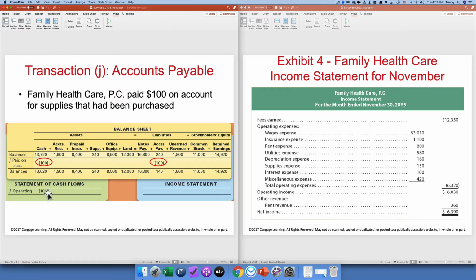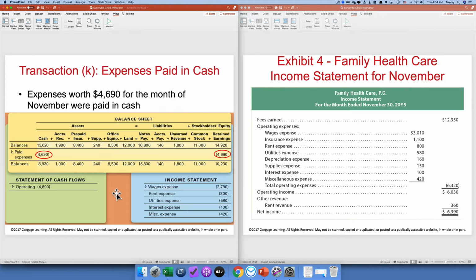Now, we paid part of our bills. We reduced our accounts payable by $100 because we paid our bill, but that is not an operating expense either. That's just a negative cash flow associated with running the business. But we did pay all of these expenses in cash. So here they go. We have wages expense of $27.90, but remember we had to make an adjustment for wages earned but not paid yet, so that's not the same as this over here yet.